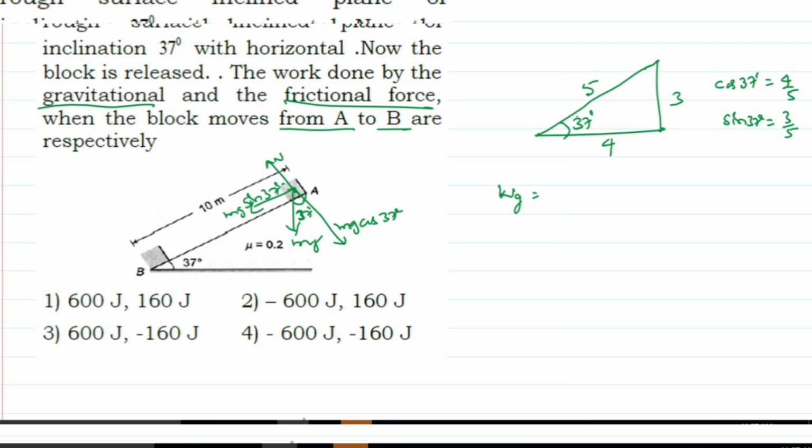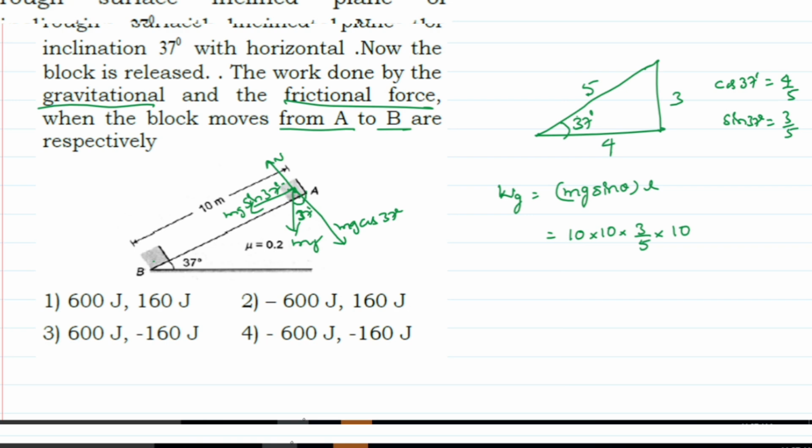The body is moving from A to B, so the mg sin 37 component acts downward, and the displacement is also along the same direction. Then the work done by the gravitational force is mg sin theta into displacement L. Both are along the same direction, so theta is 0. The mass is 10 kg, g is 10, sin 37 is 3 by 5, and the length is 10 meters.